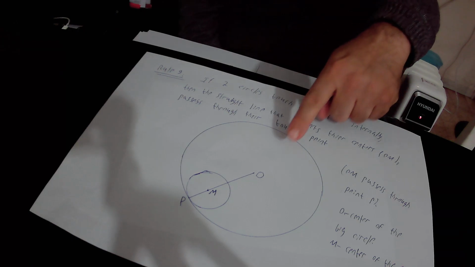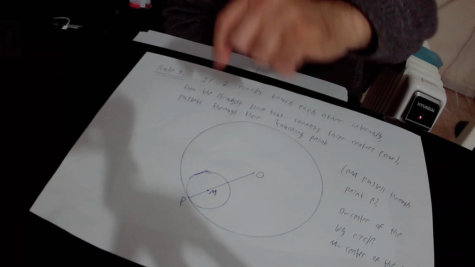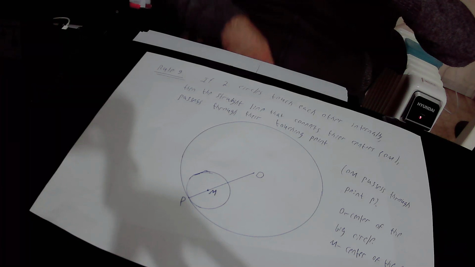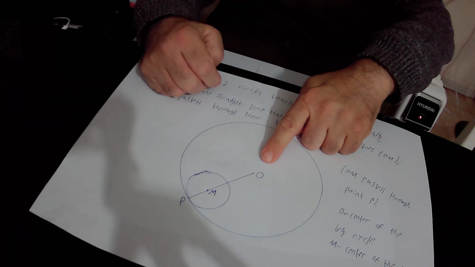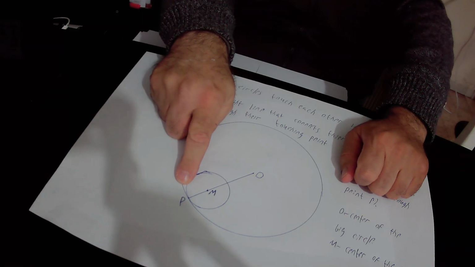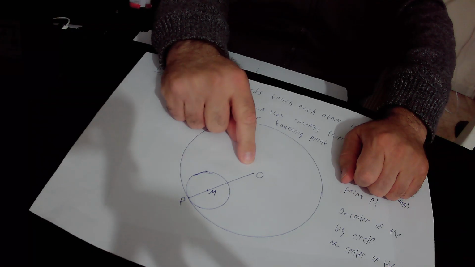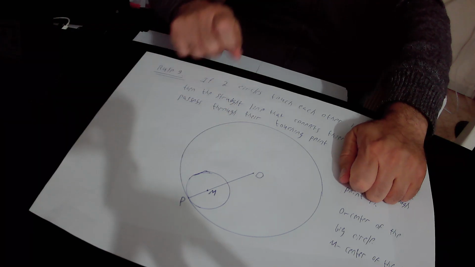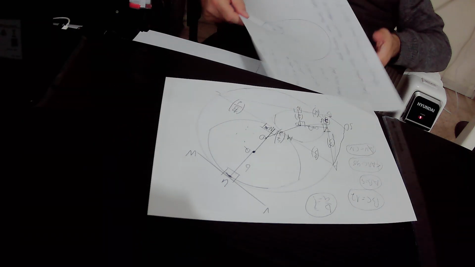Here we have point O is the center of the big circle, point M is the center of the small circle, and the straight line that connects their centers together is the straight line OM. According to rule number 9, the straight line OM must pass through point P. That is to say, OMP is one straight line. Again, OMP is one straight line. So we can implement rule number 9 in our drawing.